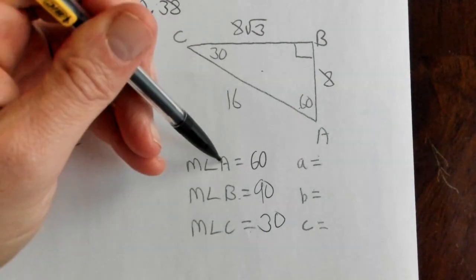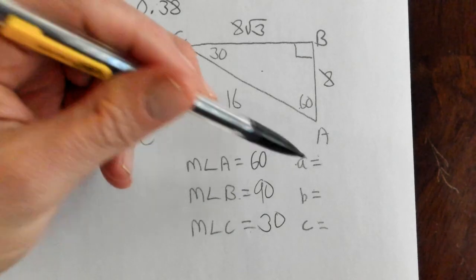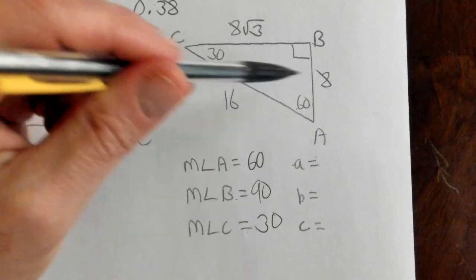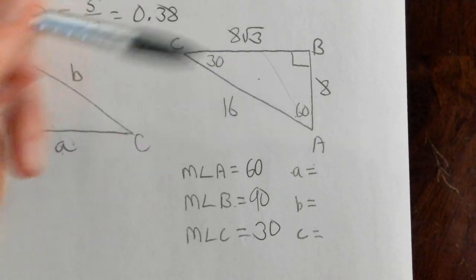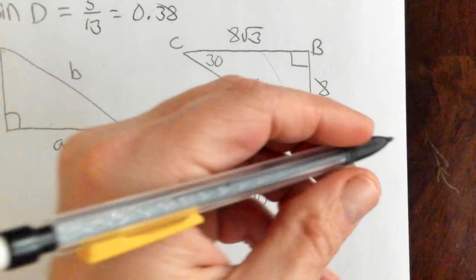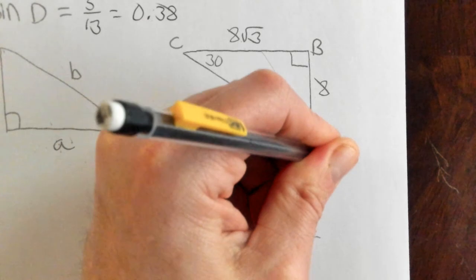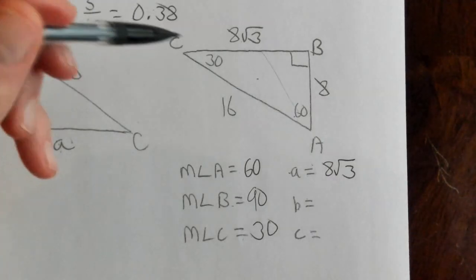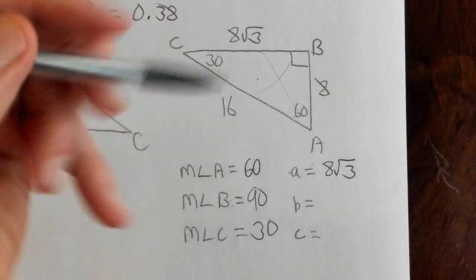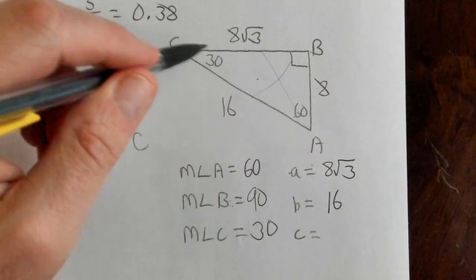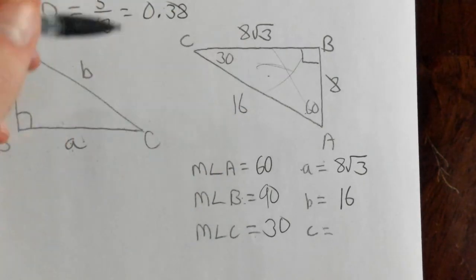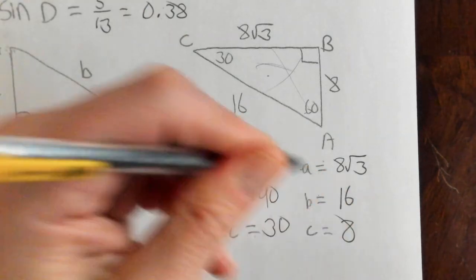Remember, capital is for the angle, lowercase is for the side. So how do I know which one of these is side A? Well, remember, side A is across from angle A. And angle A is here, so side A would be 8 square roots of 3. All right. Side B is across from the 90, it's 16. All right. And side C is across from the 30, which would make it an 8.